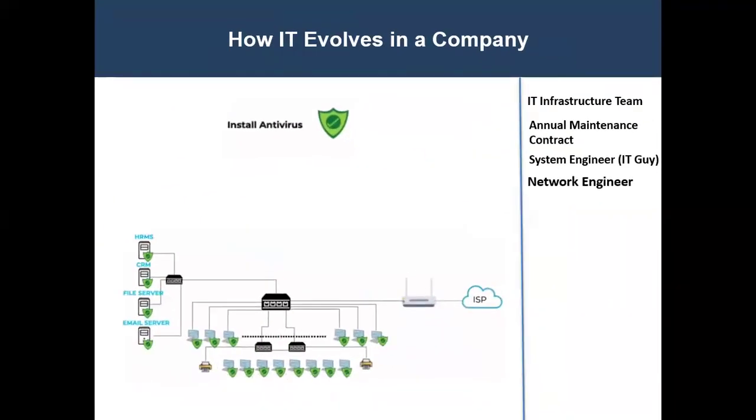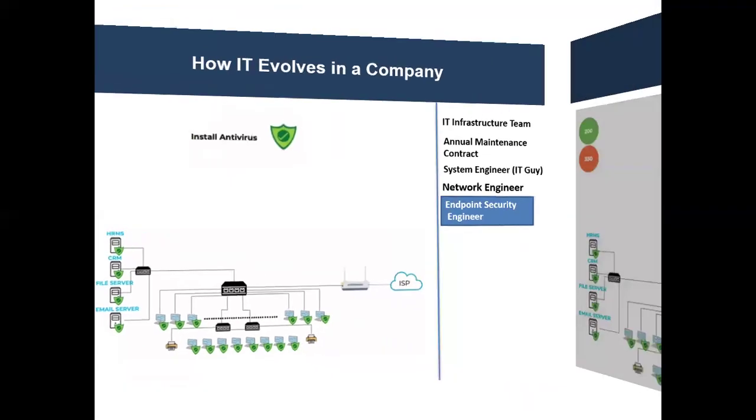So now we are taking care of how our endpoints should be. Endpoints are all the corporate machines on the corporate network. We are using endpoint security solutions: EDRs, host-based firewalls, host-based IDS, IPS, and so on. EDRs are installed on devices to make sure they are secure.